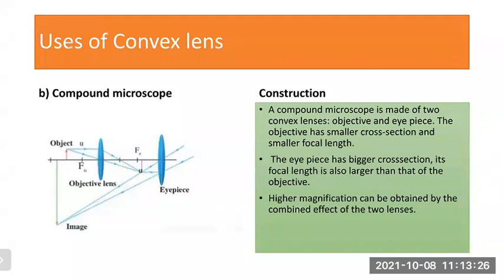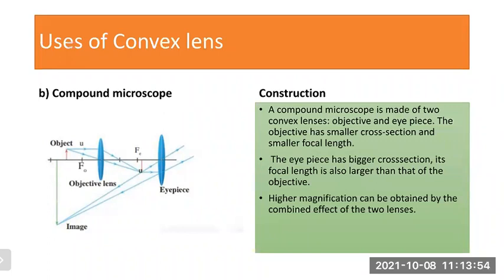The objective has the smaller focal length, the eyepiece has the larger focal length. Got it? So with the help of this, higher magnification can be obtained by the combined effect of the two lenses.